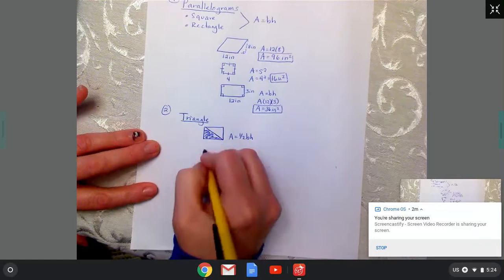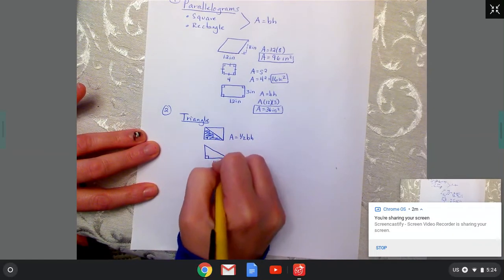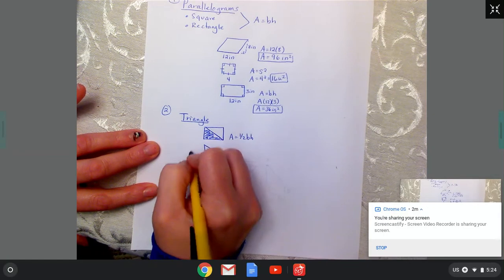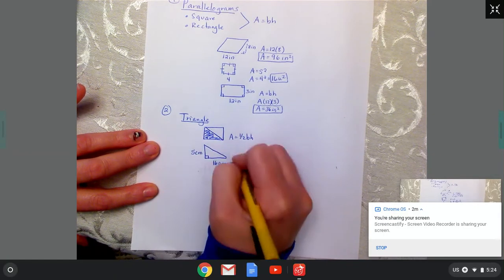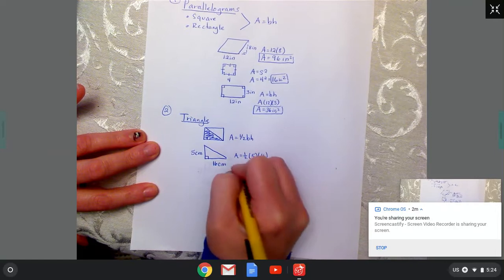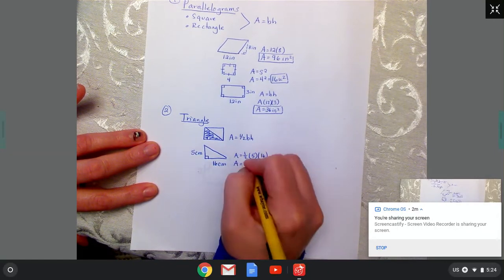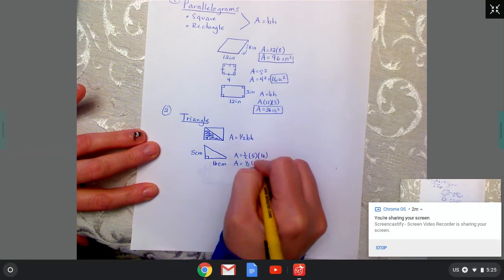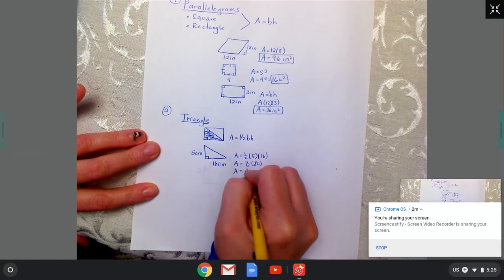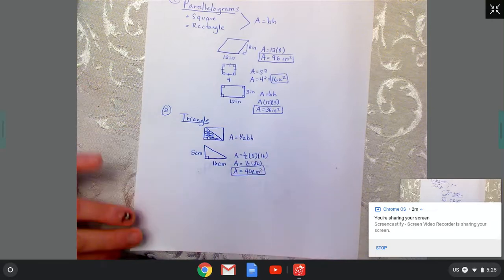So if you had 16 centimeters here and say 5 centimeters here, your formula would be 1/2 times 5 times 16. Okay, 5 times 16 is 80. And 1/2 of 80 is 40 centimeters squared for triangles.